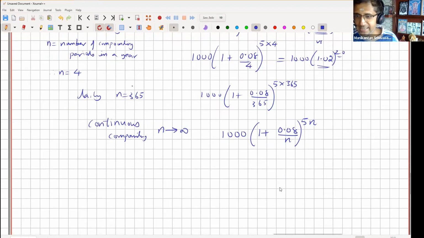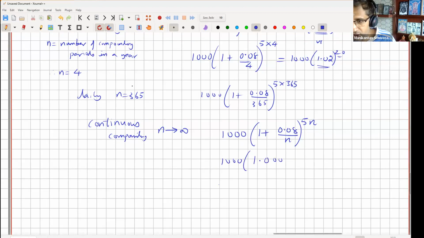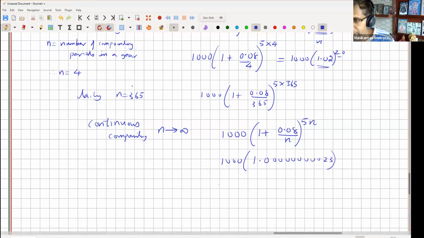Because n is very, very large, the base will be approximately 1.0000000, a lot of zeros, and then maybe 2, 3, something like this. But the power at the top will be a very big number, like 5 zillion or something, right? And this will be the one which will give you the maximum.